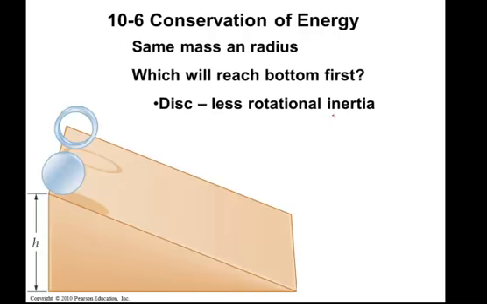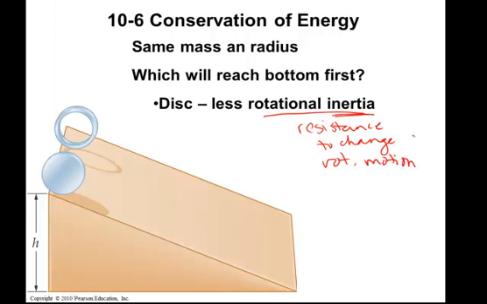And keep in mind, inertia is an object's resistance to move. So if we're thinking about rotating objects, the rotational inertia is its resistance to change the rotational motion. So if we have a big rotational inertia, that means it has a big resistance to change its motion.